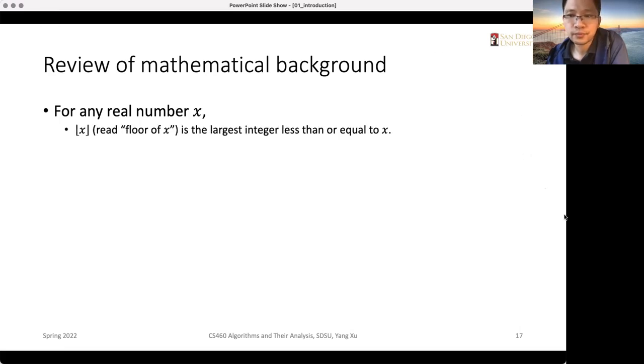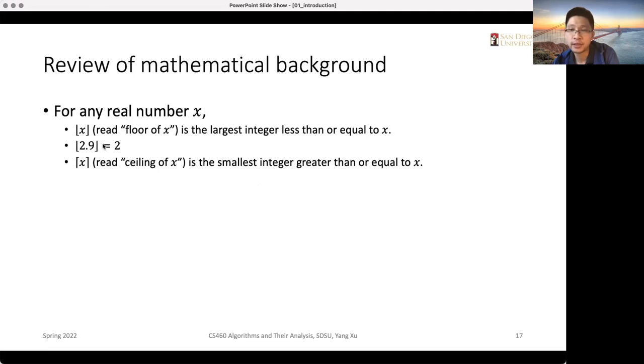So we'll start from the basics, okay? First of all, the floor symbol. This is quite commonly used. We use the floor of some real number x to indicate the largest integer that is less than or equal to x. This is a quite common operation, right?